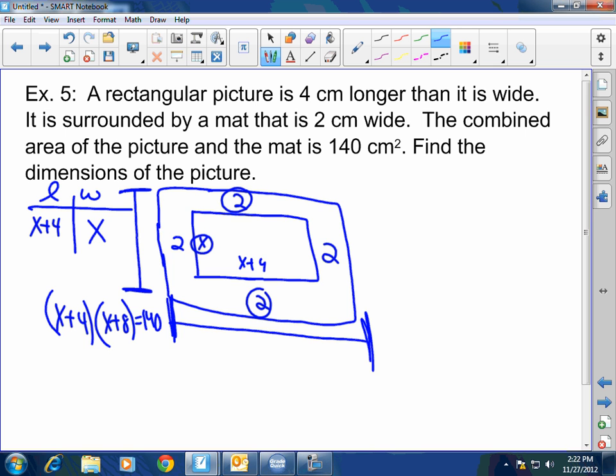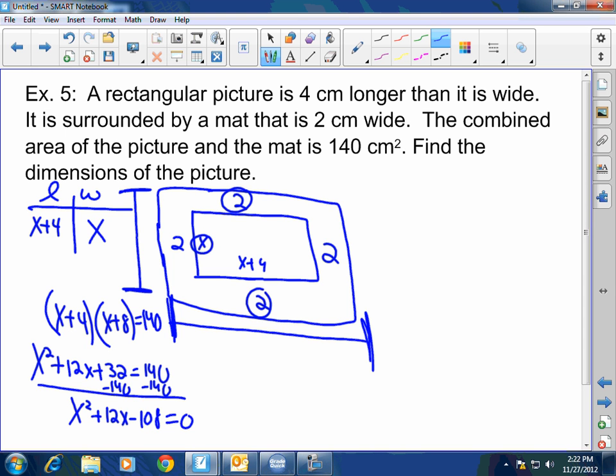Now, FOIL. You got x squared plus 8x plus 4x, so that's 12x, plus 32 equals 140. Subtract the 140. So I got x squared plus 12x minus 108 equals 0.